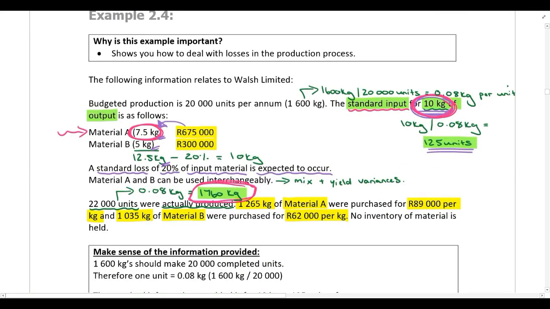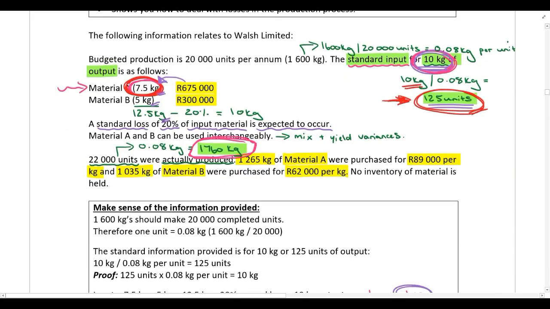We know that output of 10 kilograms is 125 units. So that means they need 7.5 kilograms to make 125 units. So we don't want the standard quantity for 125 units. We want the standard quantity for 1 unit. So we're going to say 7.5 divided by 125 so that we can get the standard quantity for 1 unit instead of the standard quantity for 125 units.